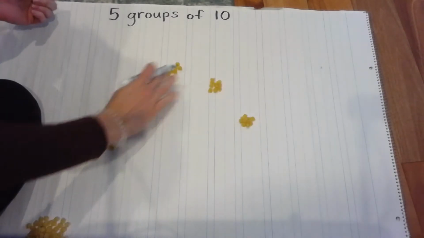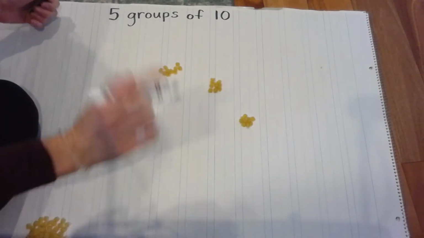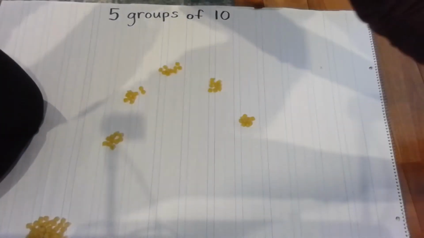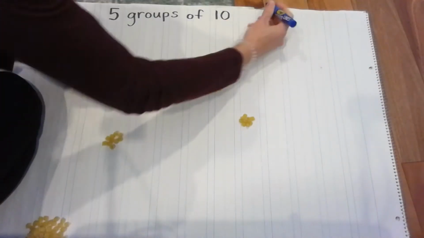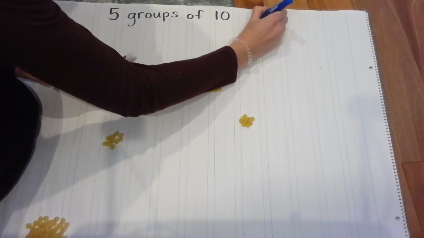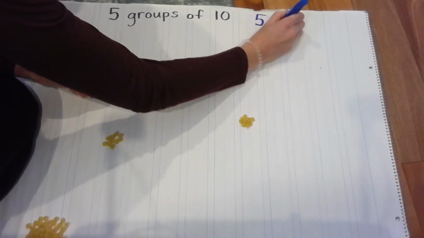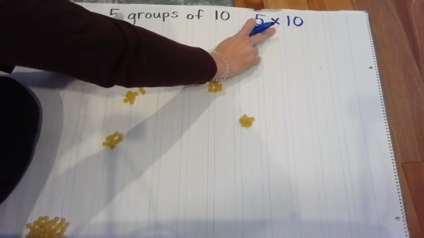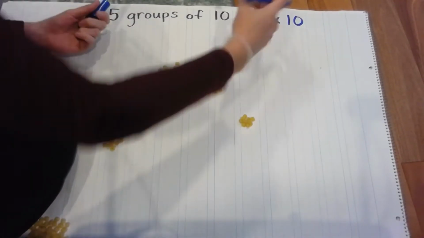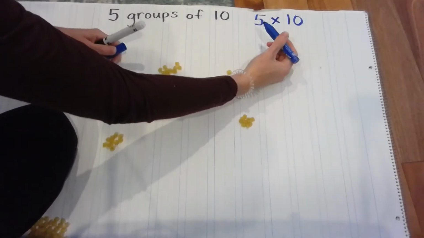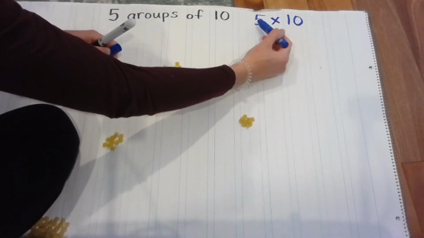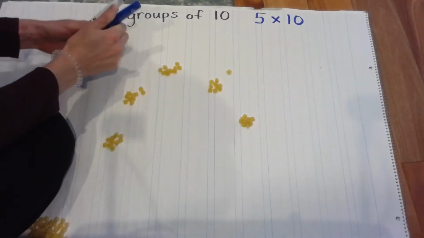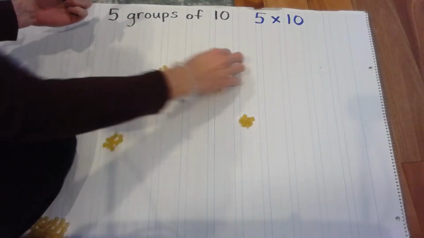So we have 5 groups of 10, and you know there's a symbol that we use for groups of. 5 groups of 10 is the same thing as saying 5 X 10. That X can either be called groups of or times. So it's like saying 10 5 times. 5 times 10.